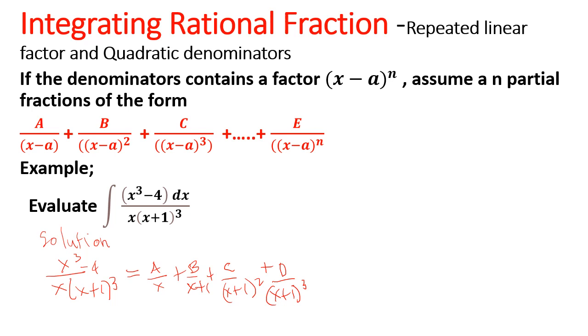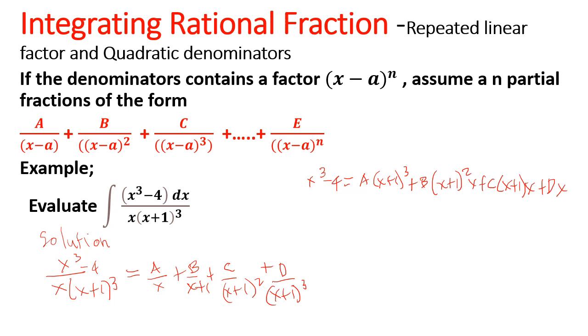Or you have that x^3 - 4 equals A times (x + 1)^3 plus B (x + 1)^2 x, then you have plus C (x + 1) x plus Dx.